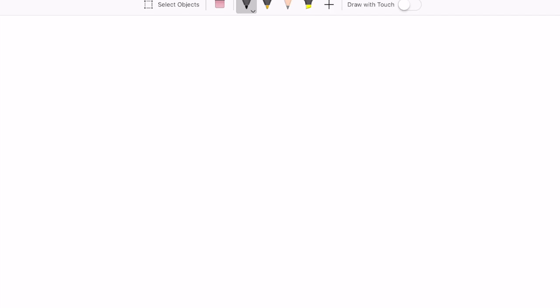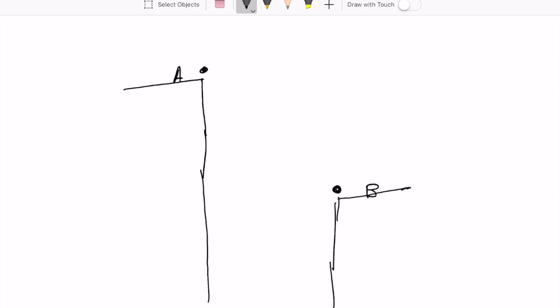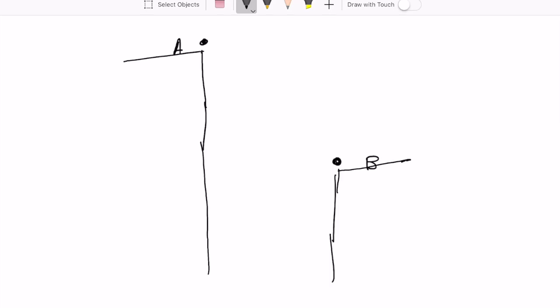Okay, so in this example, you've got A and B, and A throws an object of mass m to B. B is a little bit lower. And they're on the balconies of two high-rise buildings. Okay, and so the object is falling vertically under B.